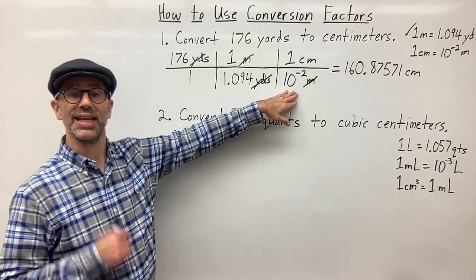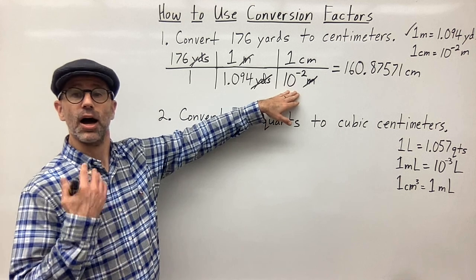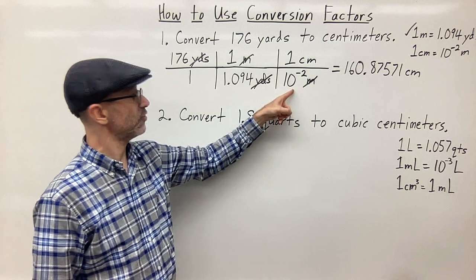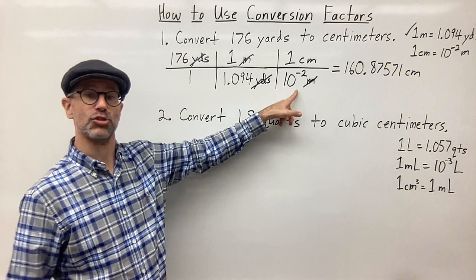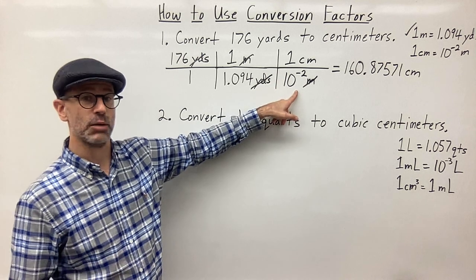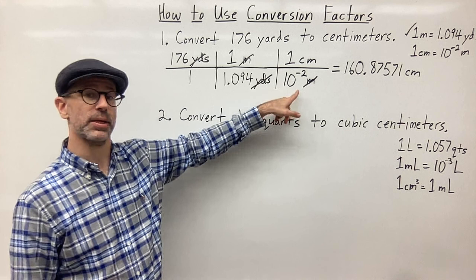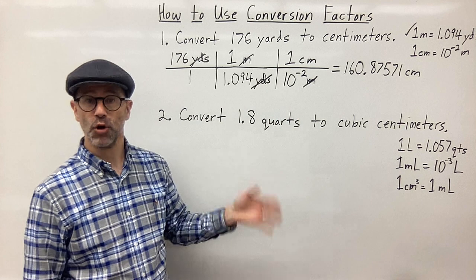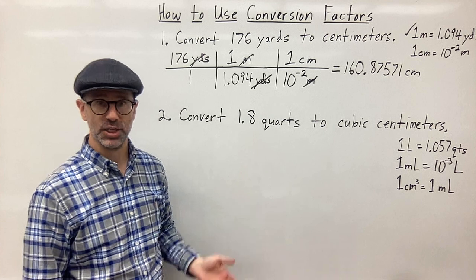So what do we have? First thing you want to do is eliminate the exact conversion factors. Here, this is an exact relationship because it's true by definition. 1 centimeter is defined to be 10 to the negative 2 meters. That's an exact relationship. We ignore that. That has an infinite number of sig figs.